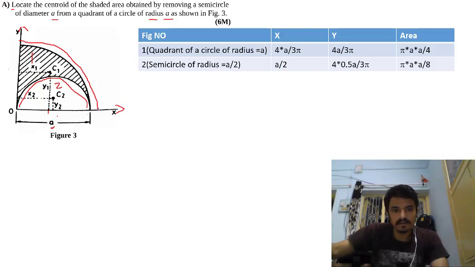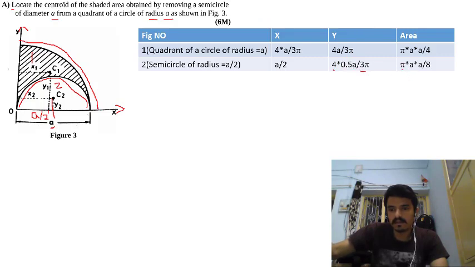Then y bar: the actual formula is 4r divided by 3 pi, where r is a by 2 or 0.5a, so that will be 4 times 0.5a divided by 3 times pi.